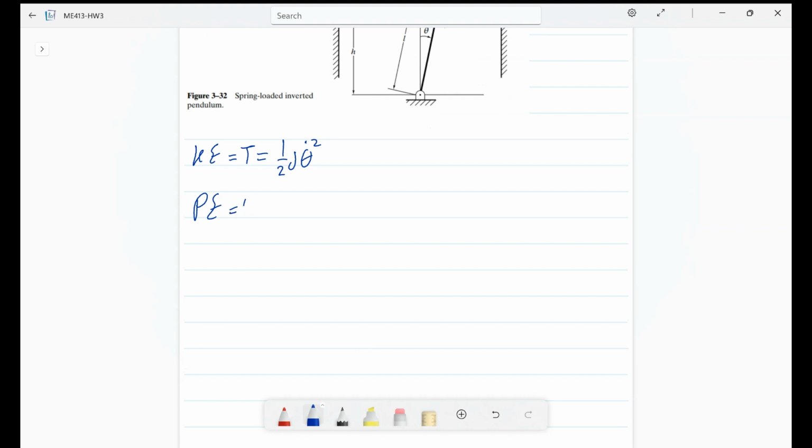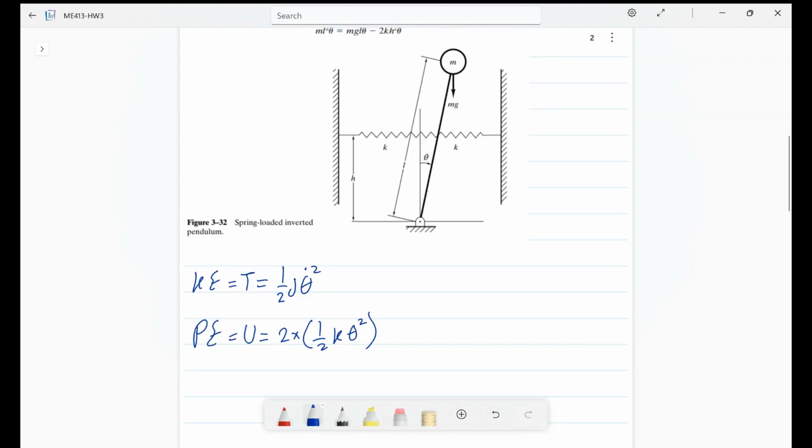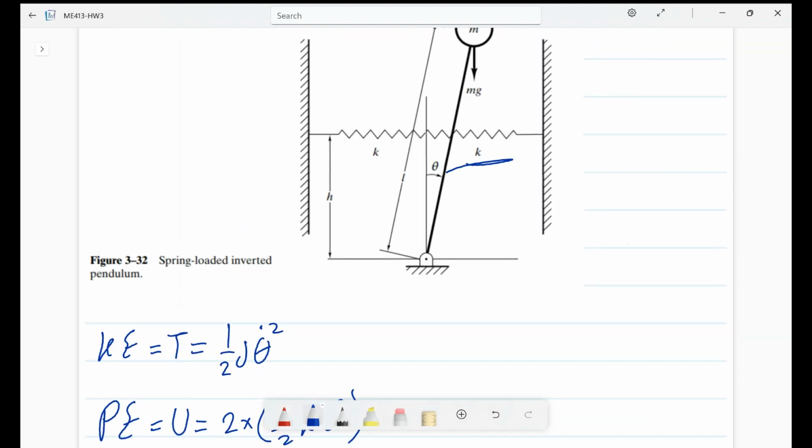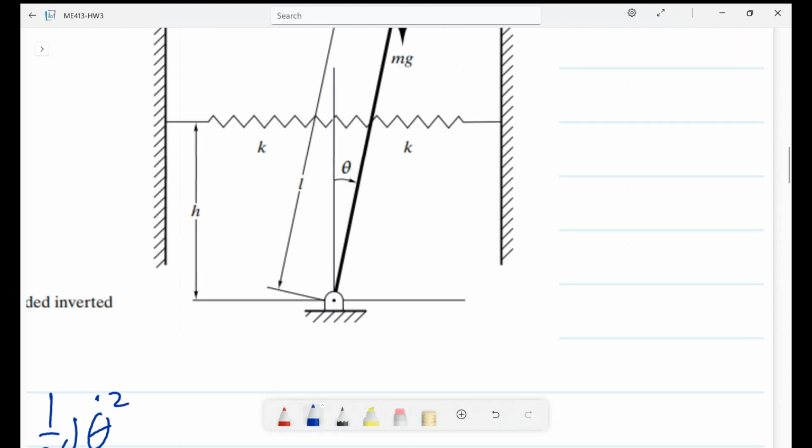And for the potential, we will have a bit different equation. We have the springs, right? So we will have 2 multiplied by half k x square. The reason I wrote 2 is that both springs have equal spring constants, and they deform the same.